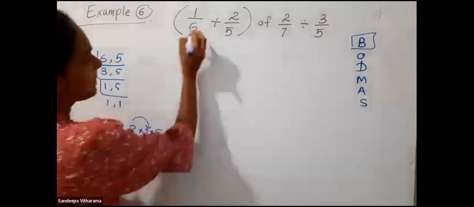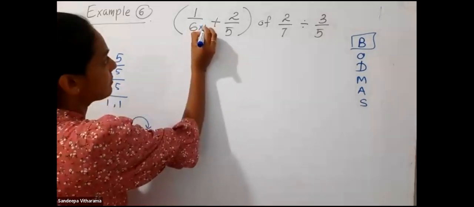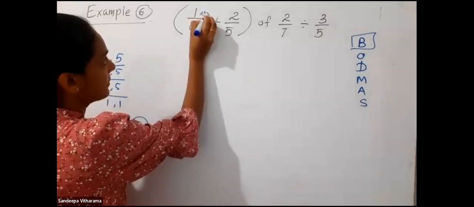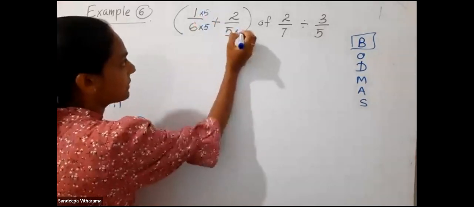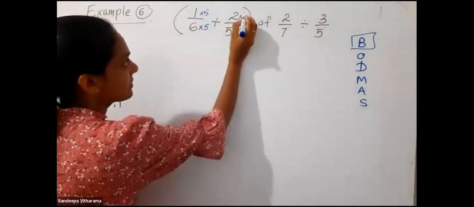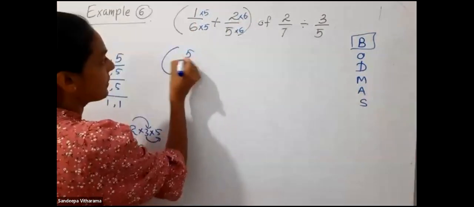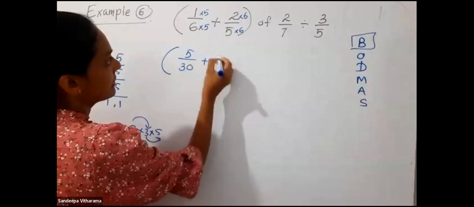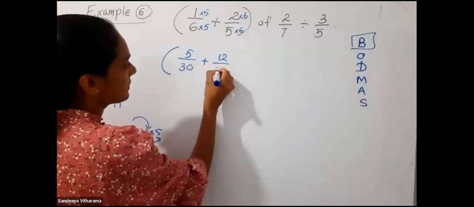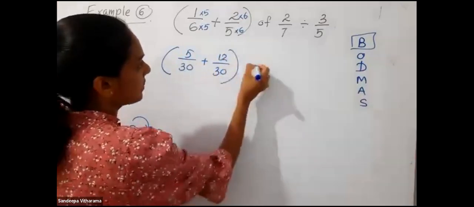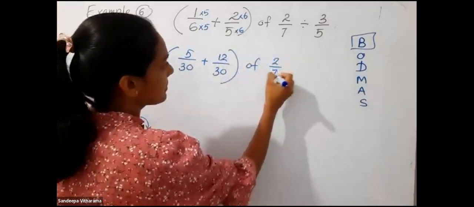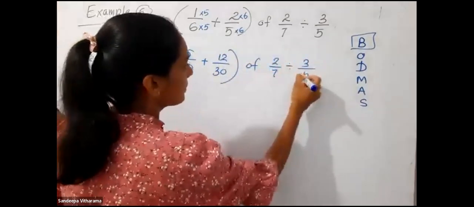So now convert 6 into 30 by multiplying by 5. Then we can obtain the common denominator. It's 5 upon 30 added to 12 upon 30, of 2 upon 7 divided by 3 upon 5.